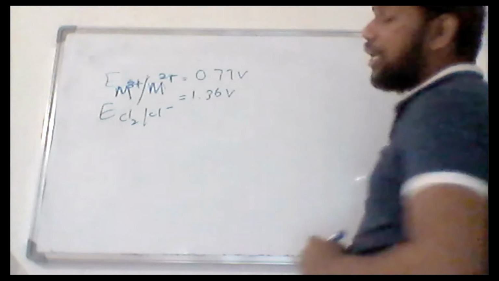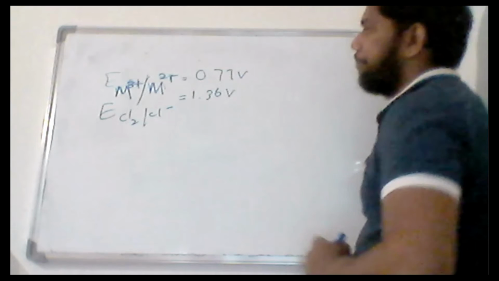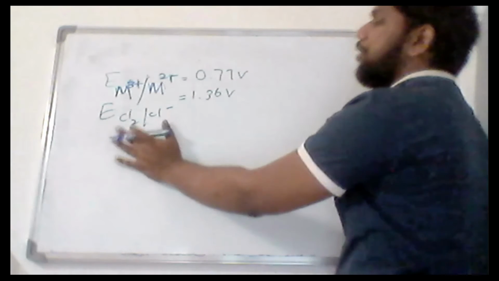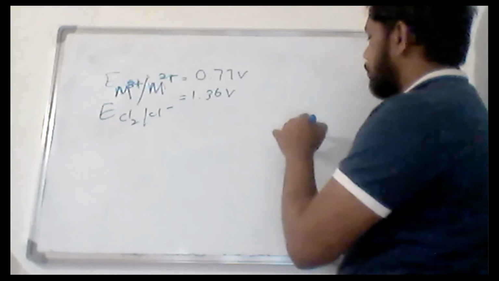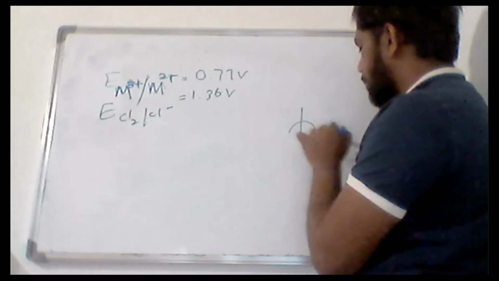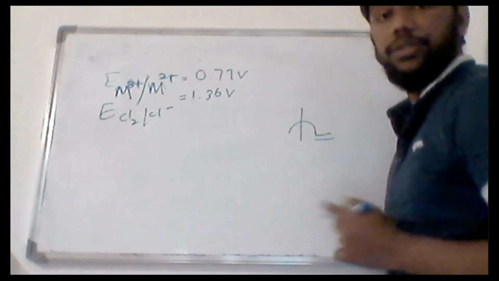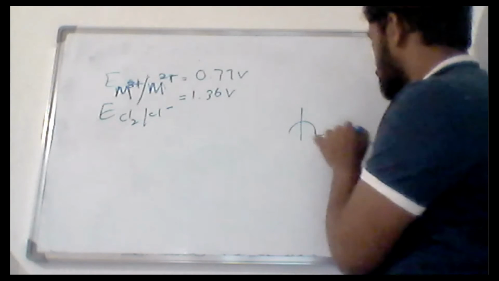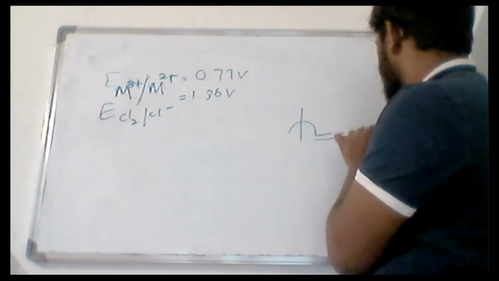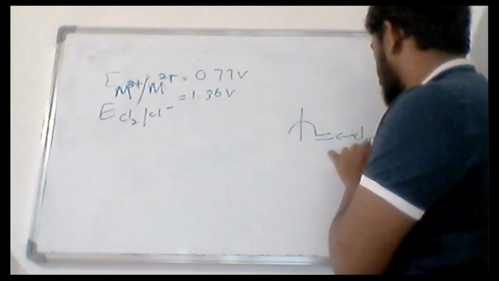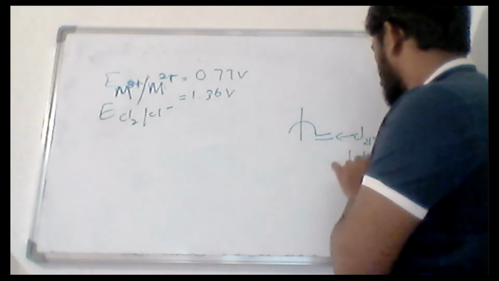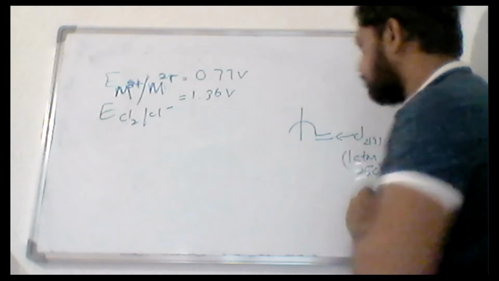So you need to draw an electrochemical cell. First I will draw the Cl2 electrode. If you remember, Cl2/Cl minus is a gas electrode. So you need to pump Cl2 gas here at 1.00 atm pressure and 25 degrees Celsius.